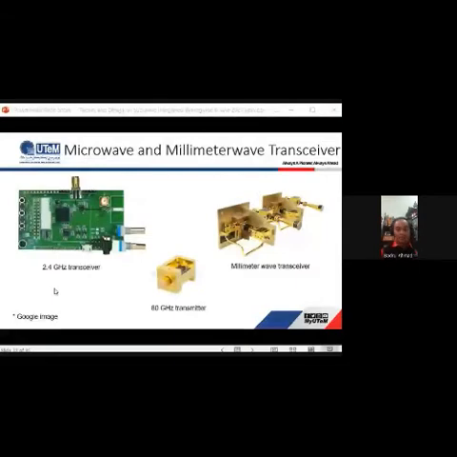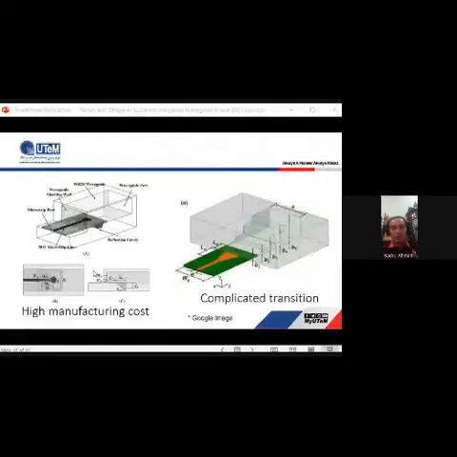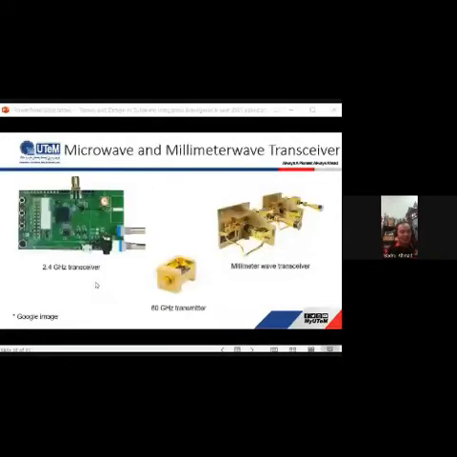But there is some application, if you can see, that uses microstrip circuits to work in the millimeter waves.